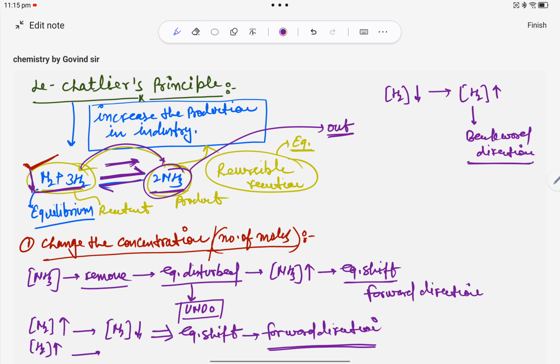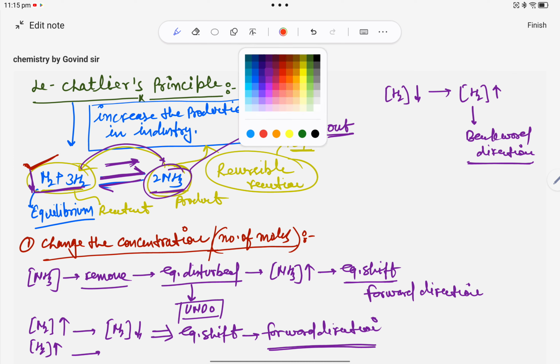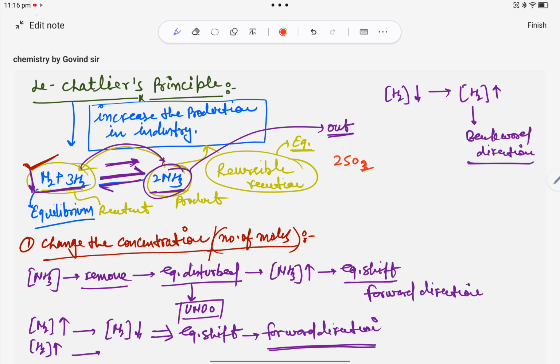One more example we will take. Suppose this reaction is given: 2SO2 plus O2 forming 2SO3. The question is how to increase the production of SO3.